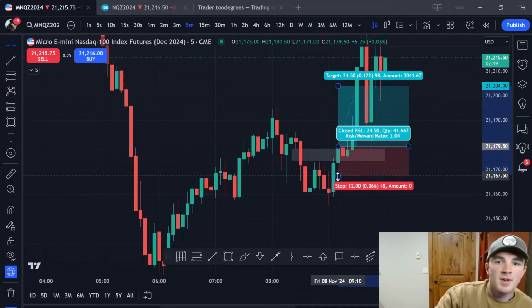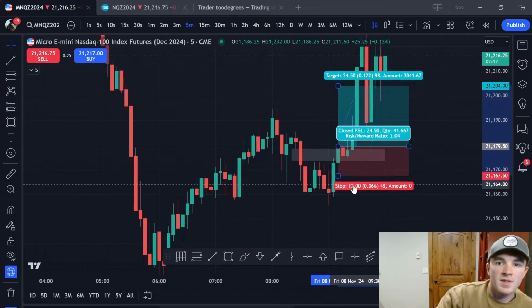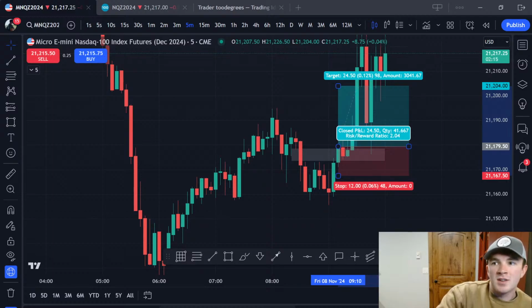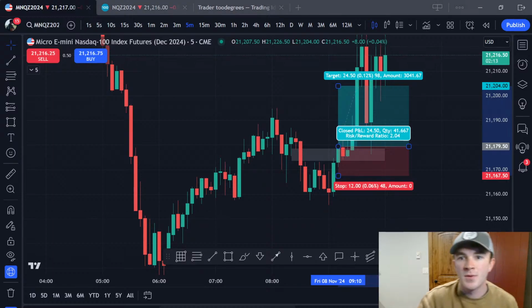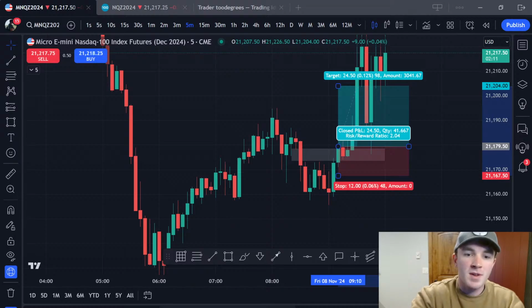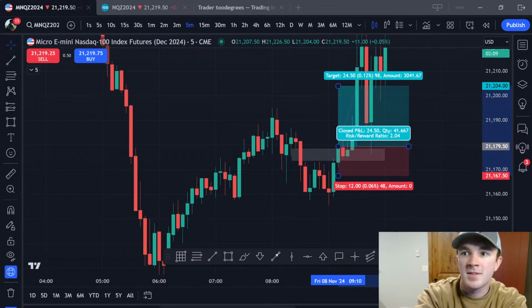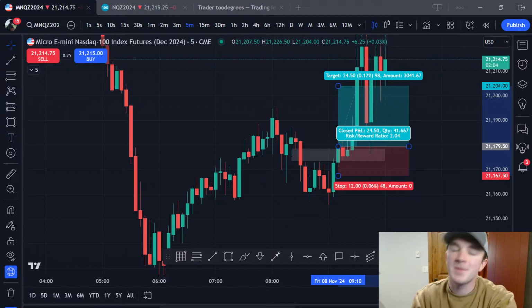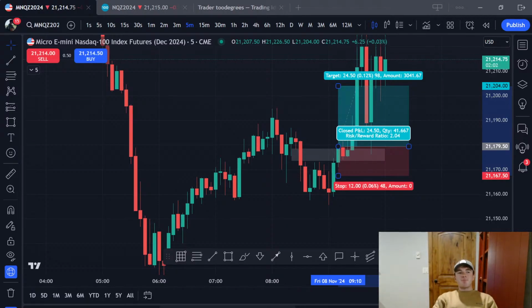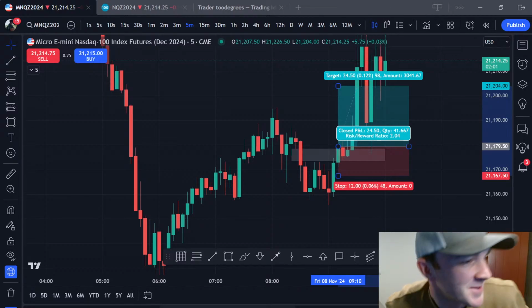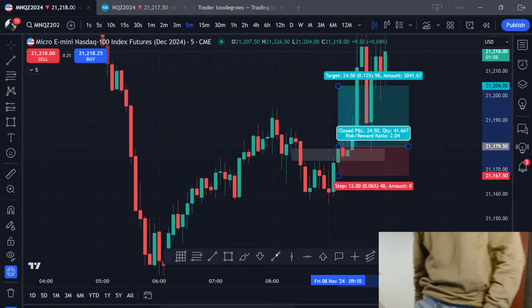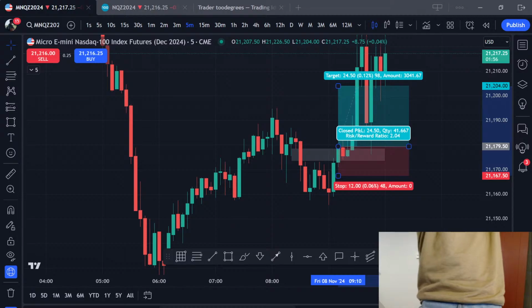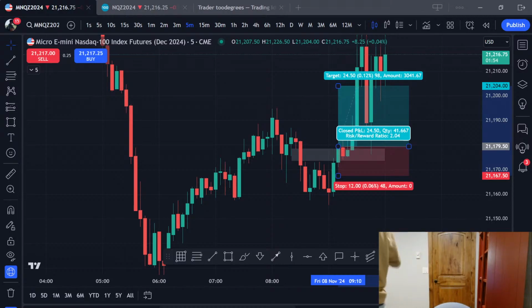So I'll double whatever this is. 12 times 2 is 24. I'll do 500 divided by 24, and that's going to tell me how much to risk. There we go, I figured out how I'm going to do it. I know this way might not be the traditional way, but it's the way that makes sense to me. Oh, so annoying. I'm going to get water. Thank you for helping me, though.